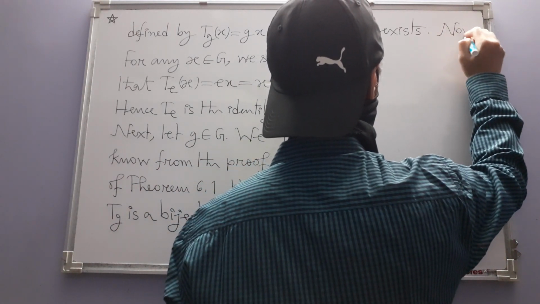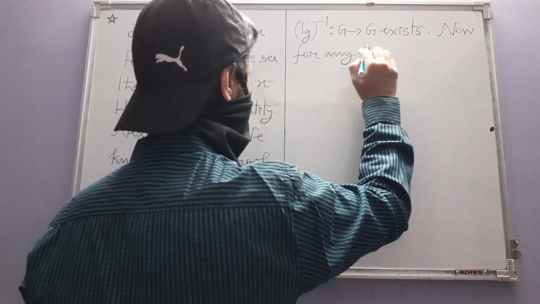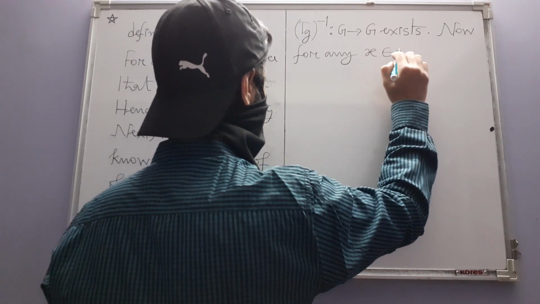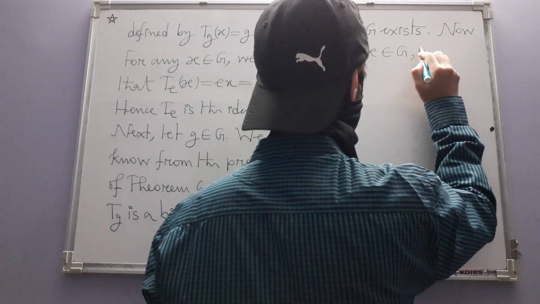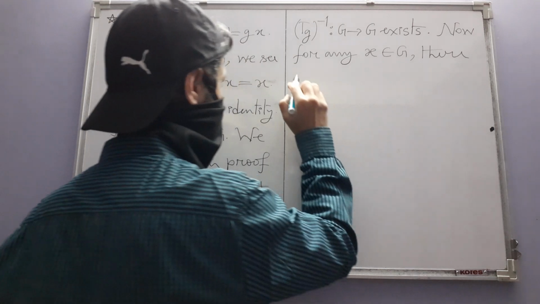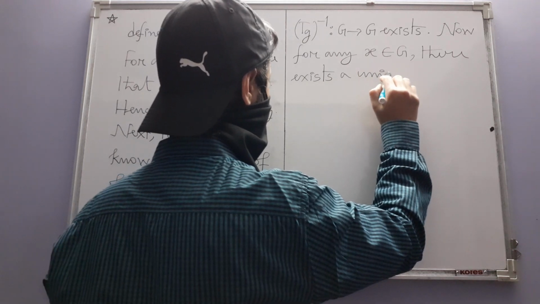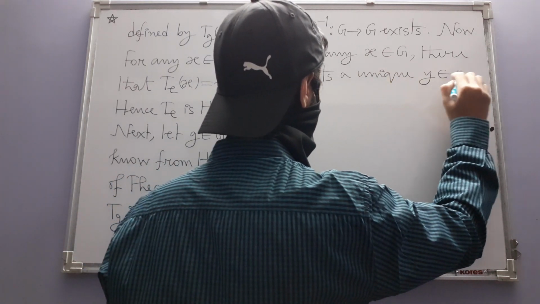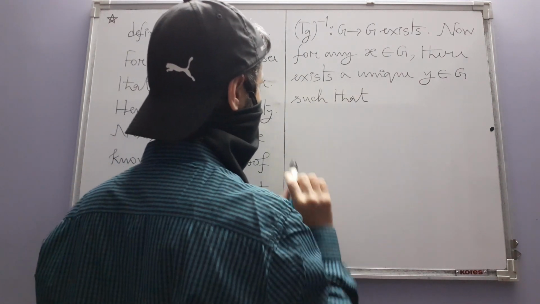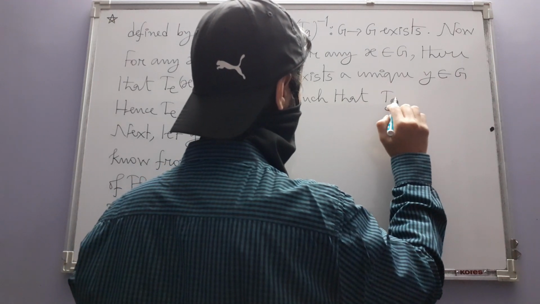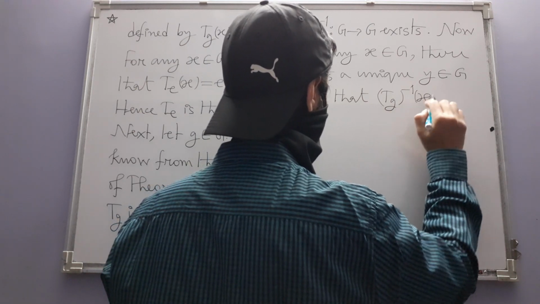Now, for any x belonging to G, there exists a unique y belonging to G such that T_g inverse of x is equal to y.